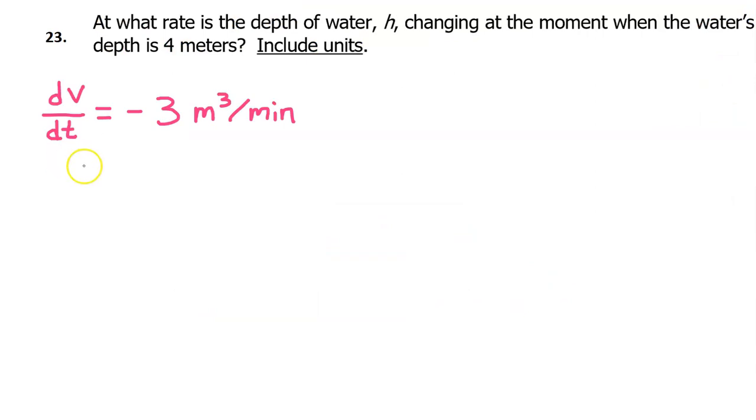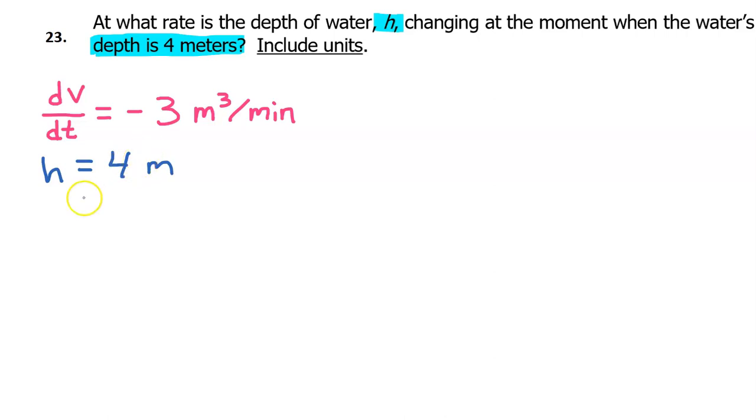So we know that the rate of change of volume is -3 cubic meters per minute. We also know that we are dealing with the moment in time when the depth of the water is 4 meters, and that's h. So at this moment, h is equal to 4 meters.